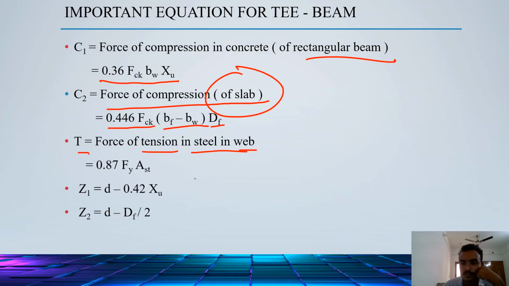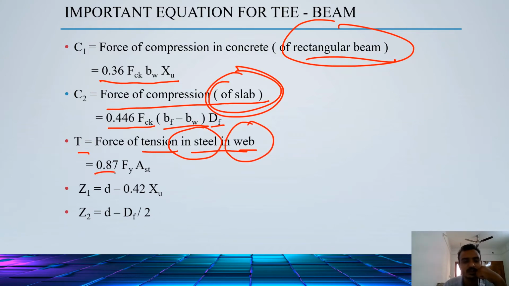We have two compression forces, one for the slab and one for the rectangular beam, but the tension force is only in the steel and in the web. It is 0.87 Fy AST. Z1 is equal to D minus 0.42 XU and Z2 is equal to D minus capital DF by 2.